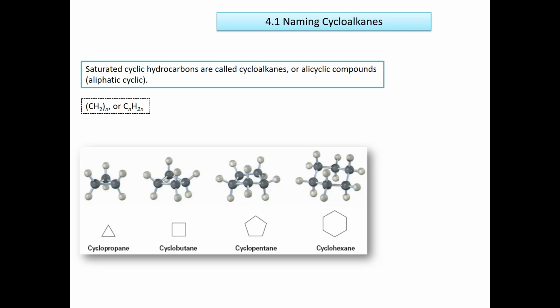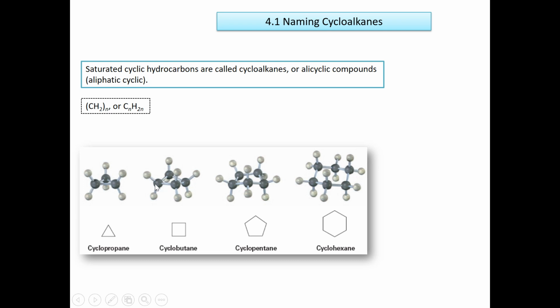For example, here we have three examples. A 3-member ring, a 4-member ring, a 5-member ring, and a 6-member ring. How are they called? Basically they are called with the same name as linear alkanes. This is 3, that means it has to be propane.